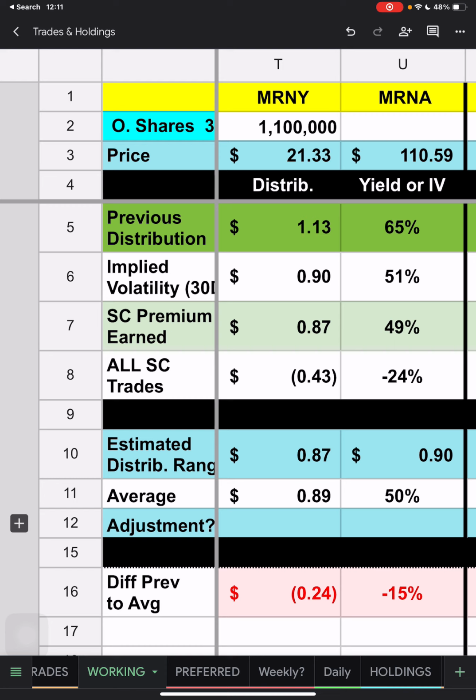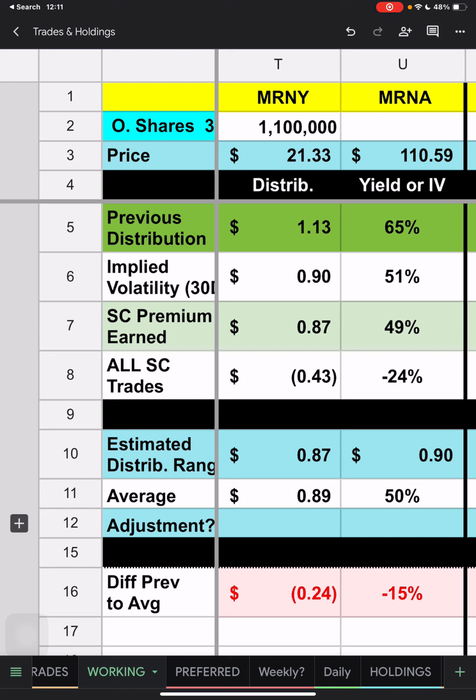And that's, I believe, if I remember correctly, when I cover 20, 21, however many it is, ETFs, sometimes they mix. But I know Moderna has been going up, and I think it might have gone above its strikes recently, which is why we have a negative on the all short call trades.